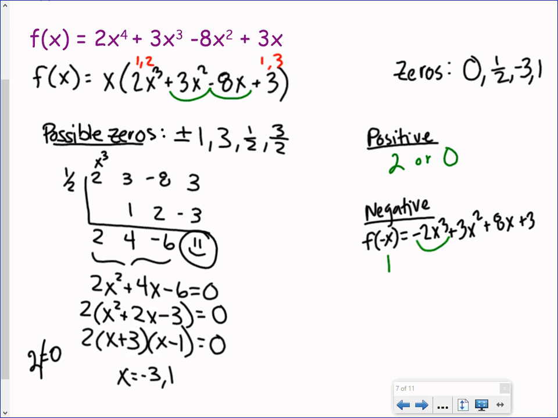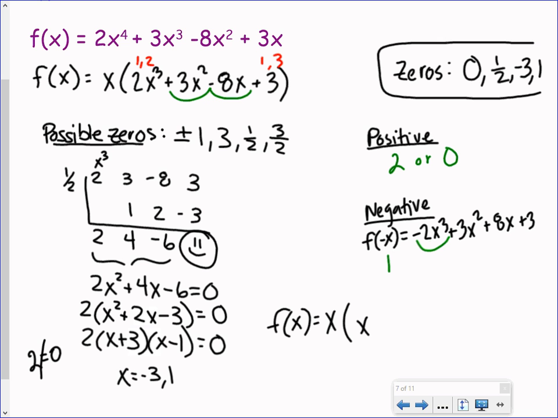Okay, so you have all 4 zeros, right? What else did that problem ask us to do? Write the linear factorization. So I would say f of x equals, I've got my x that I originally factored out, right? That's my solution 0. I've got my x plus 3 and my x minus 1.